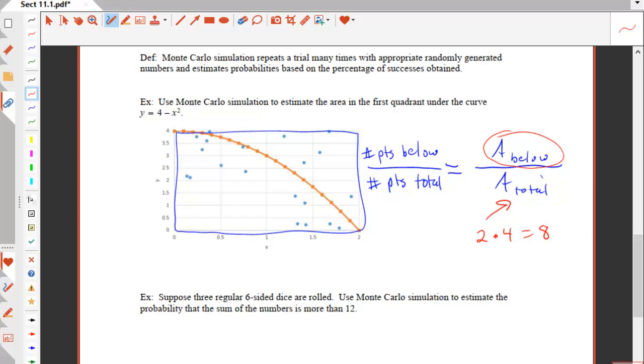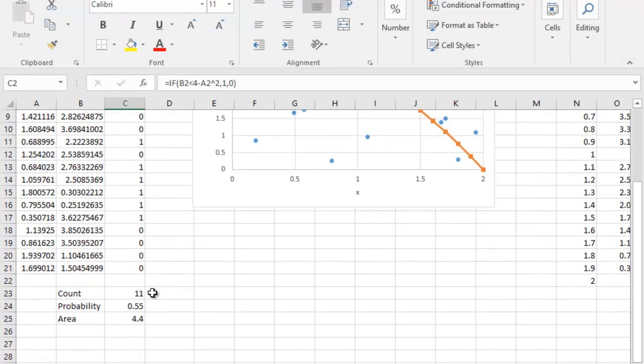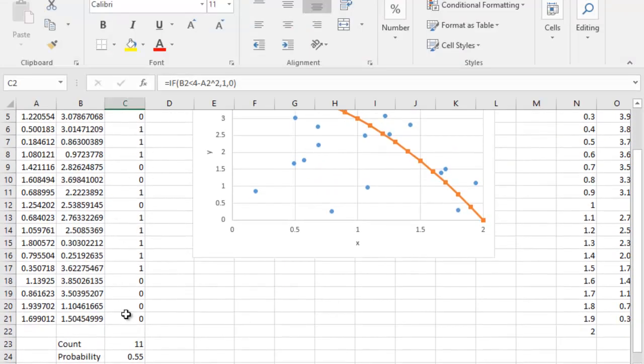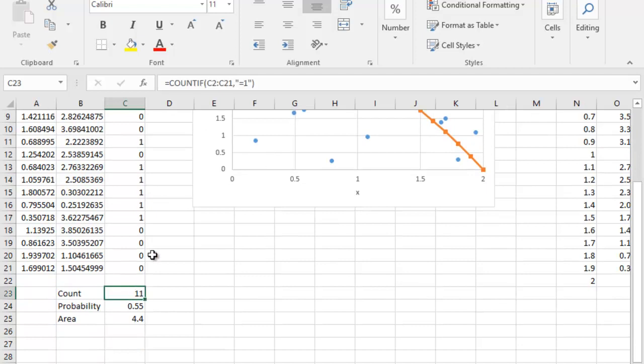So let's have Excel do the counting as well. Now that I've generated 20 trials like this, I come down here and I'll use a COUNTIF command. So COUNTIF takes 2 things. I have to tell it where the data range is, C2 to C21 for me. And then what am I supposed to be looking for to count? So in quotes, equal 1. Count the number of values in this range that are equal to 1.